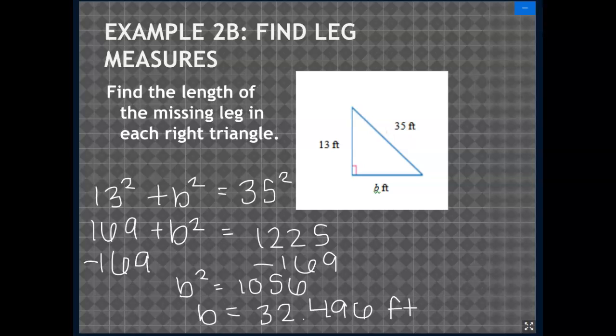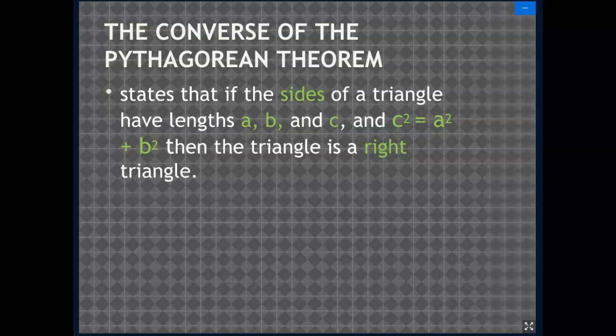The second part of lesson 7 is the converse of the Pythagorean Theorem. The converse states that if the sides of a triangle have lengths a, b, and c, and c squared equals a squared plus b squared, then it is a right triangle.